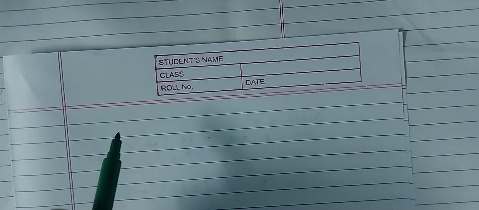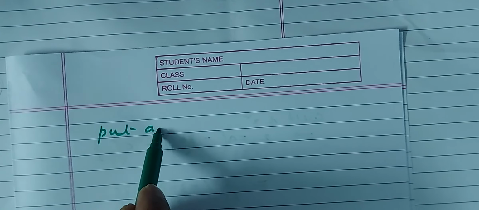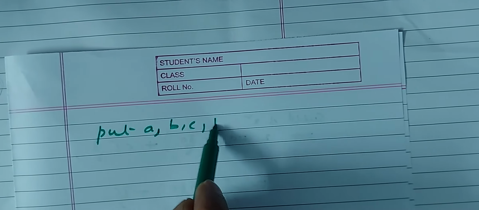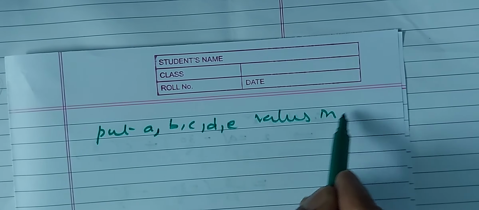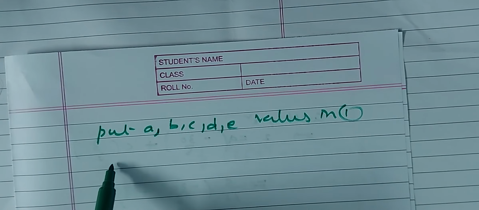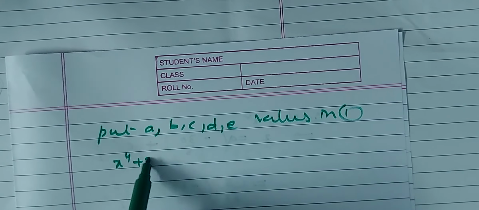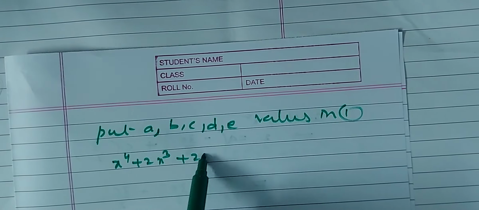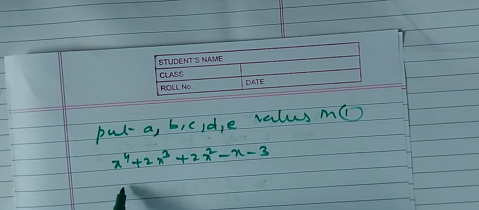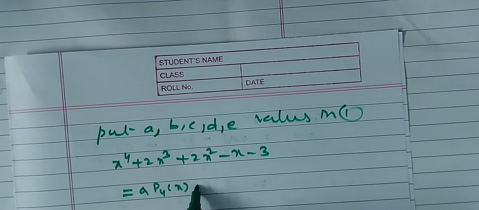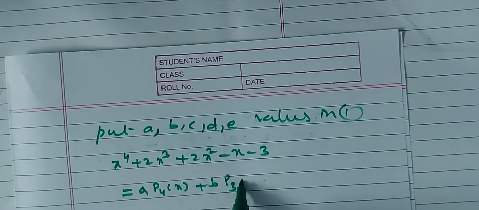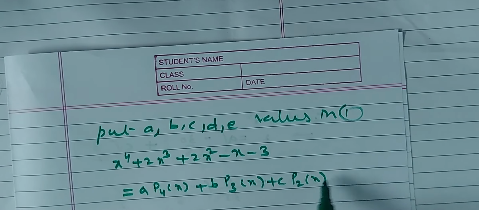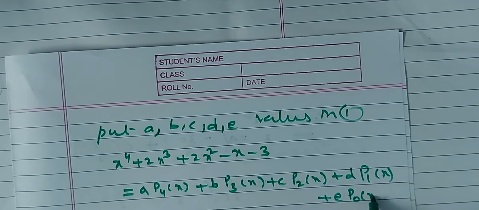So put these A, B, C, D, E values in 1. So what is the equation? x power 4 plus 2x cube plus 2x square minus x minus 3 is equal to, as written in equation 1, A P4 of x plus B P3 of x plus C P2 of x plus D P1 of x plus E into P naught of x.